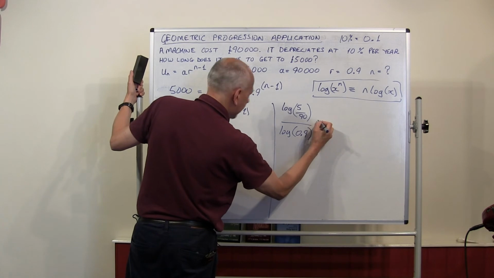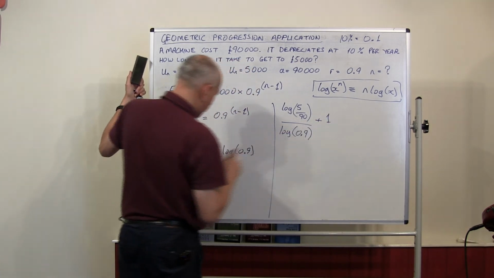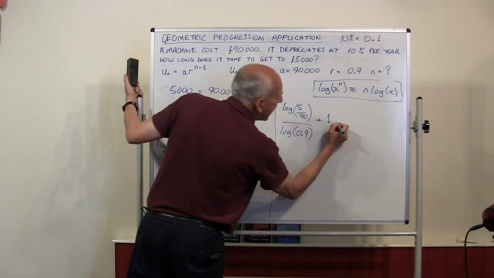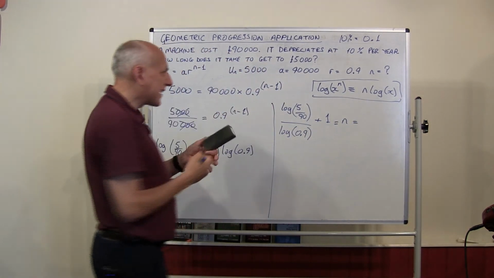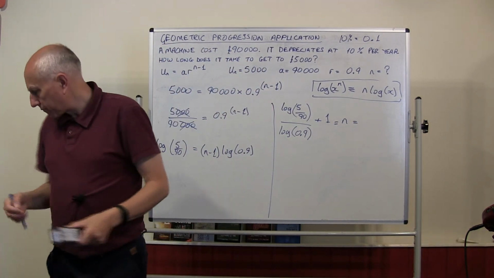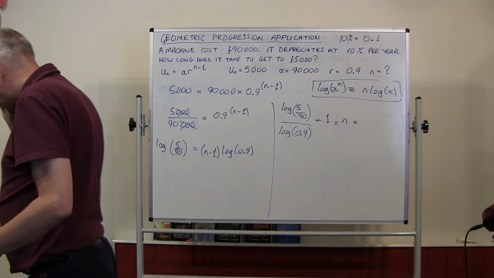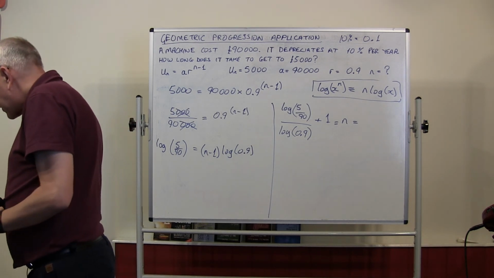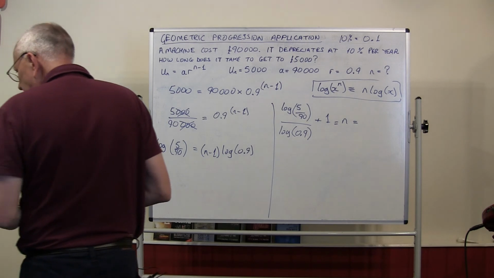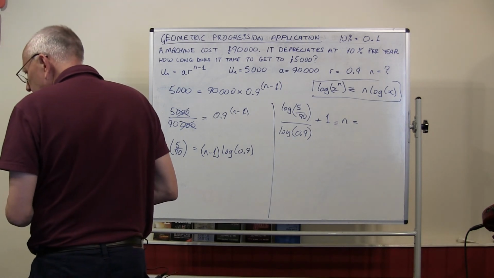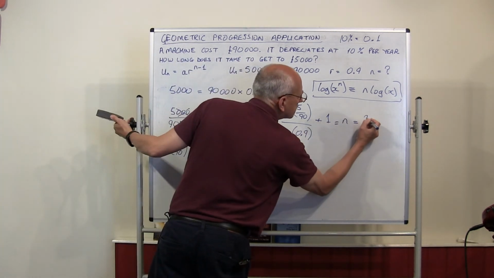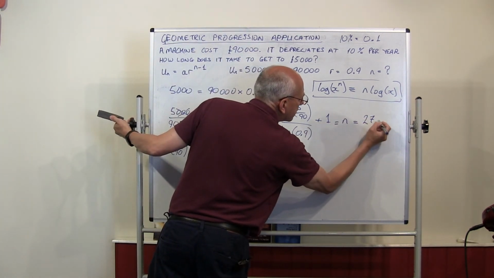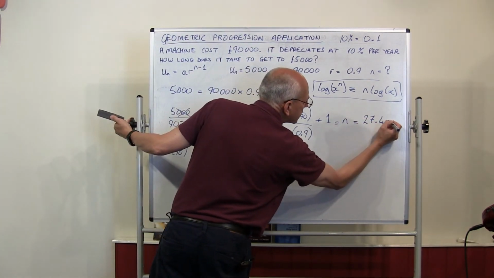If I add the 1 to both sides to get rid of that, that will equal n. So it's just a case of putting it in your calculator and doing the number crunching. By doing that, I get 27.4. Hopefully that's correct. 27.4 years.